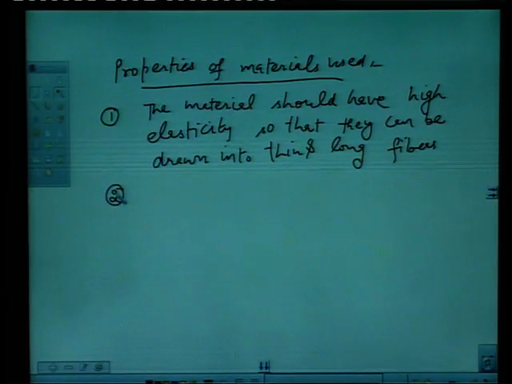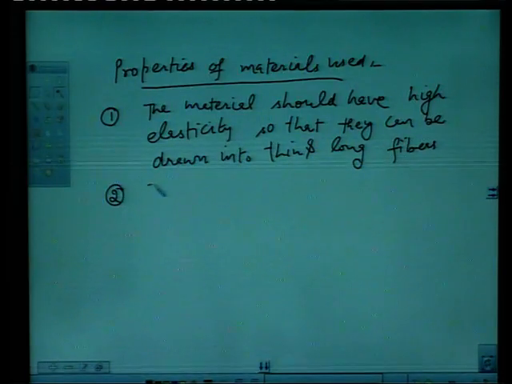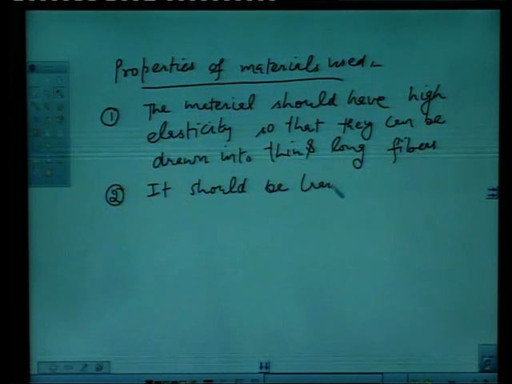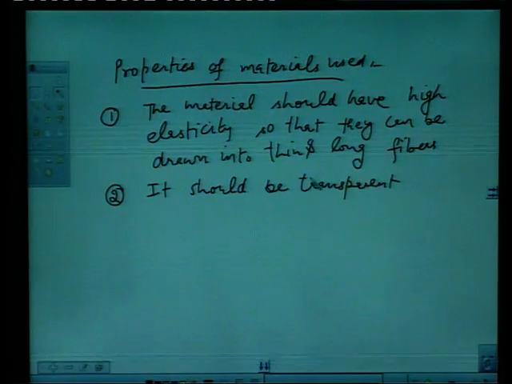The second property should be that it should be transparent so that it can guide the light properly at a particular wavelength.